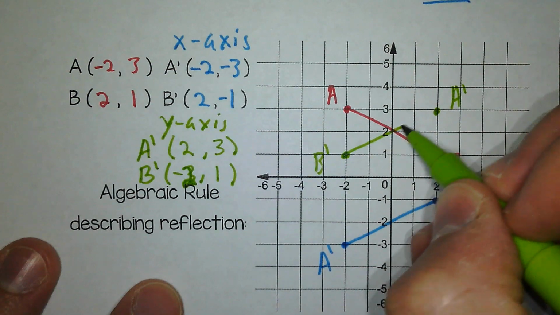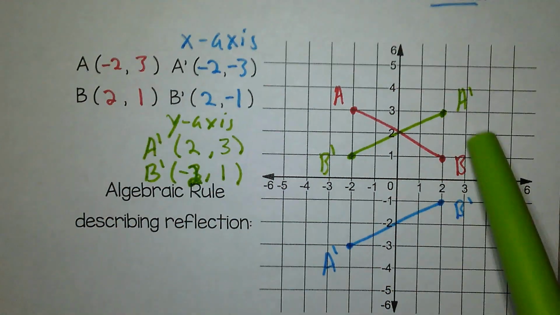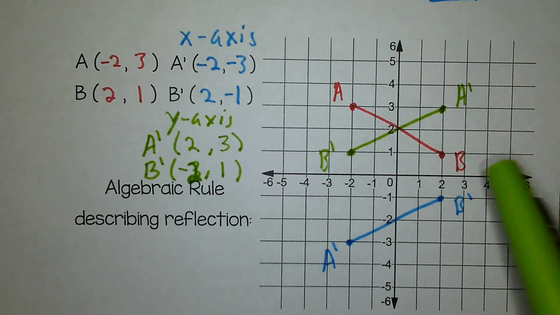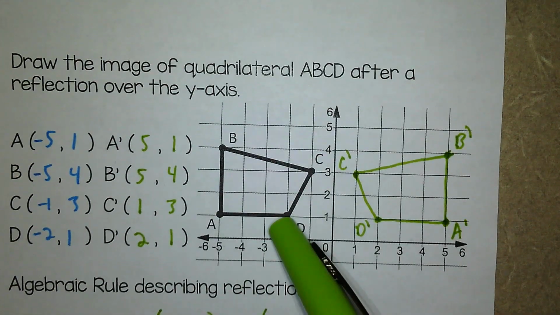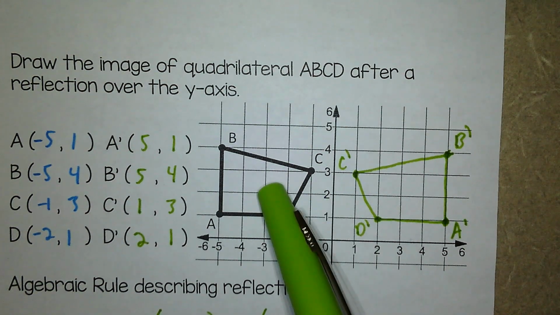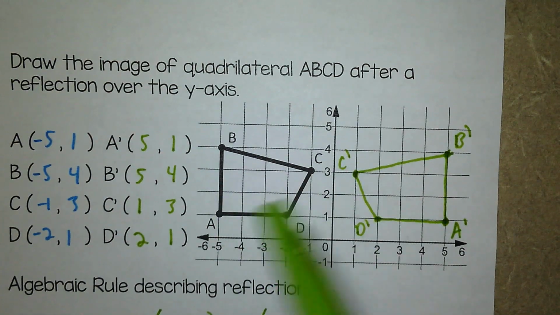Now if you notice, the green looks a little bit different than what we've seen before. The reason being is because in all the other ones we've done, all the points have always been inside the same quadrant. So it makes your life a little bit easier when all your points are in the same quadrant, because then when you reflect it over the axes, they change quadrants.